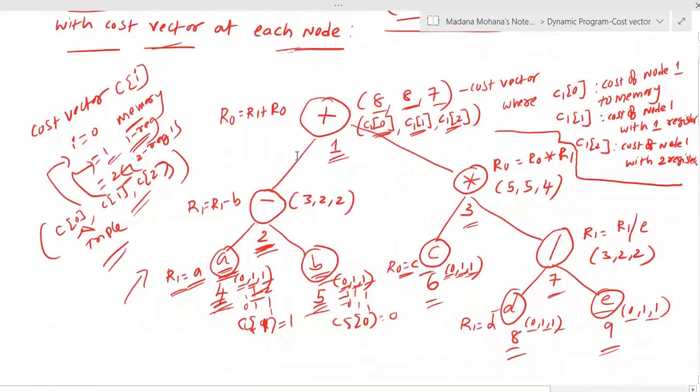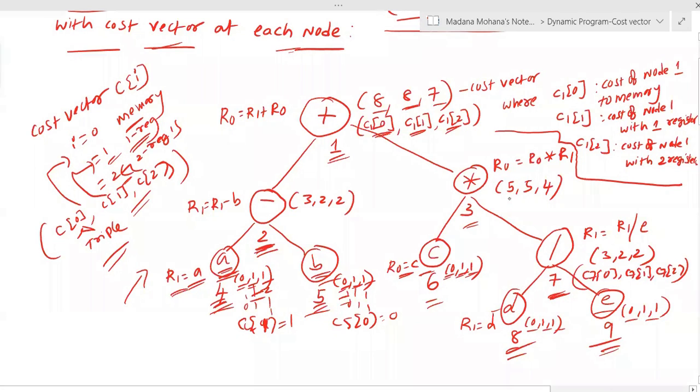Now you can see for node 7 you have to calculate C7 of memory, comma, C7 of 1 register, comma, C7 of 2 registers, this cost by using nodes 8 and 7.